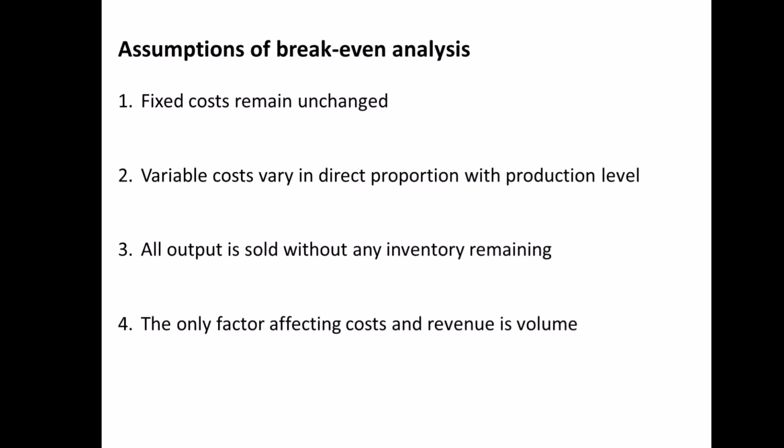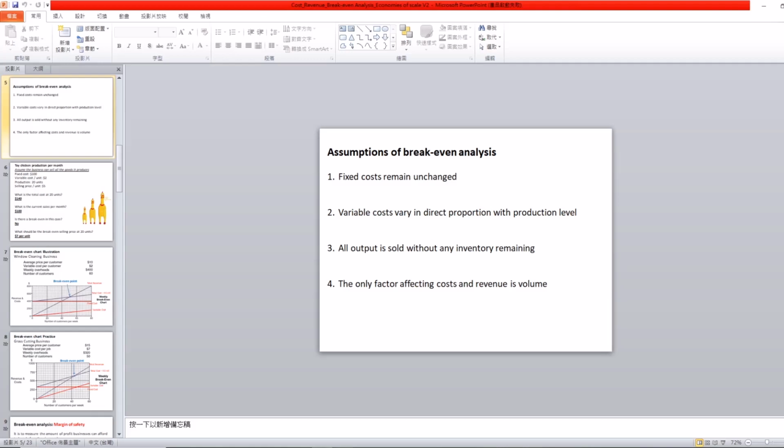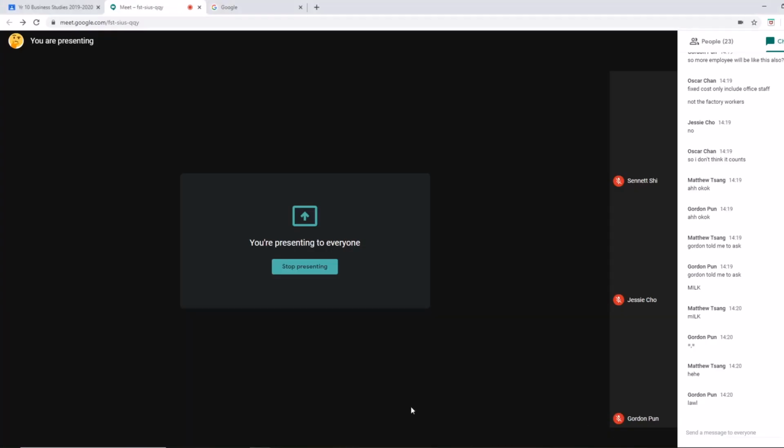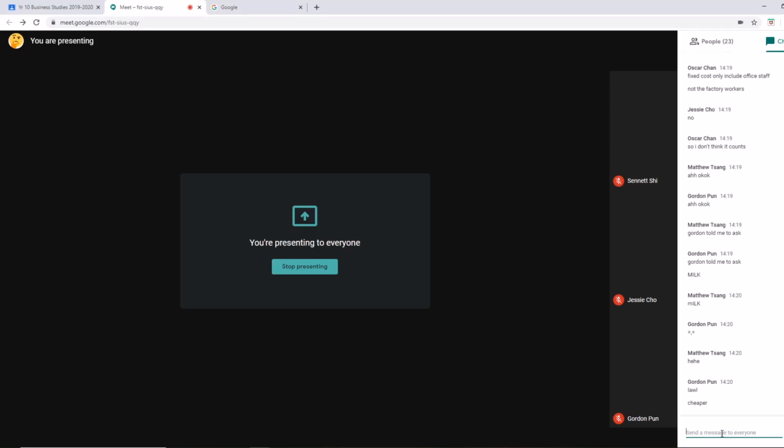If you are talking about bulk purchase, if you buy a lot of milk at the same time, it's going to be cheaper. And that's why the curve is not going to go upwards proportionally. And if you consider this as a factor as well, the analysis is going to be so difficult to make happen.